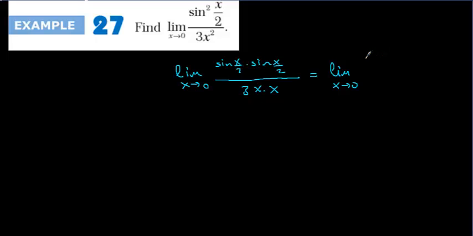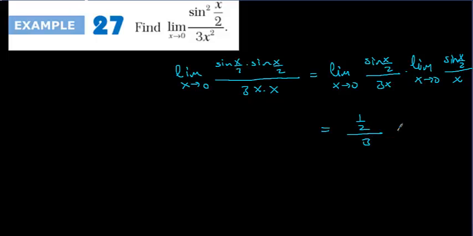Limit x tends to 0, sine x over 2 over 3x, times limit x tends to 0, sine x over 2 over x. Here the coefficient of x over 2 is 1 over 2. So the answer for the first one is 1 over 2 over 3, the coefficients, times 1 over 2 over 1.